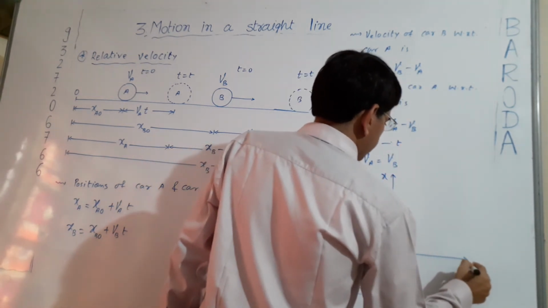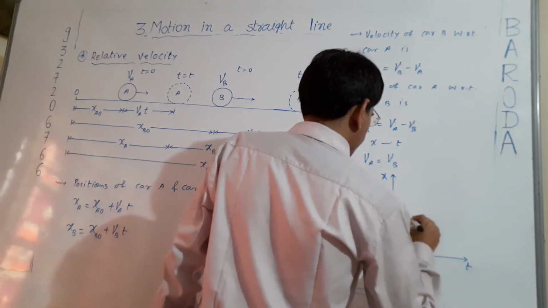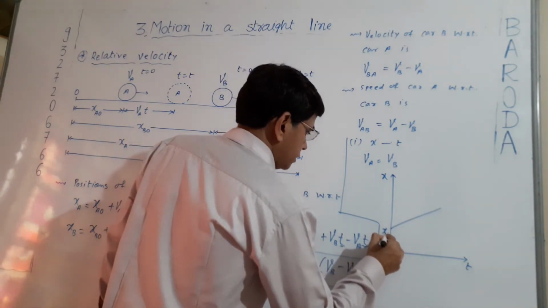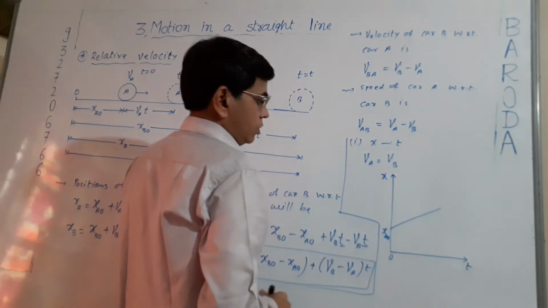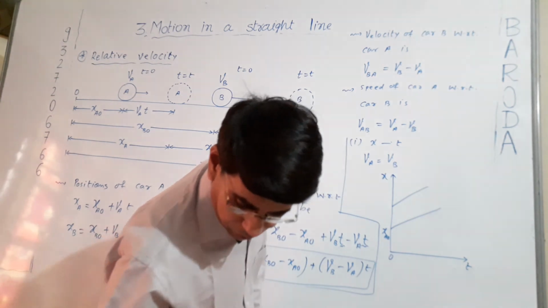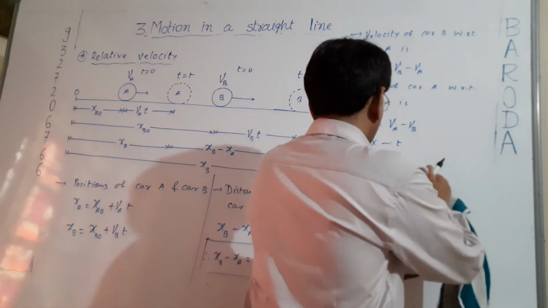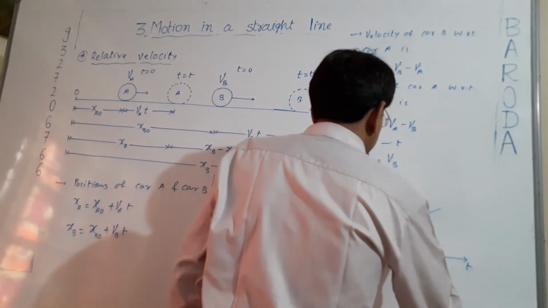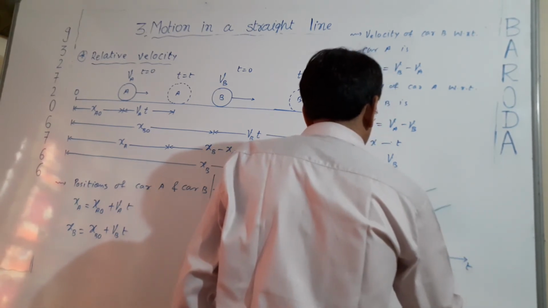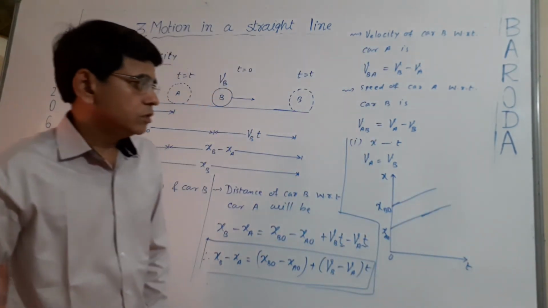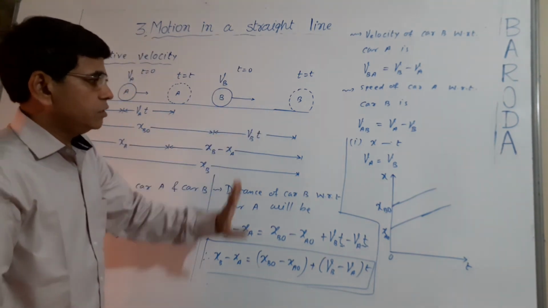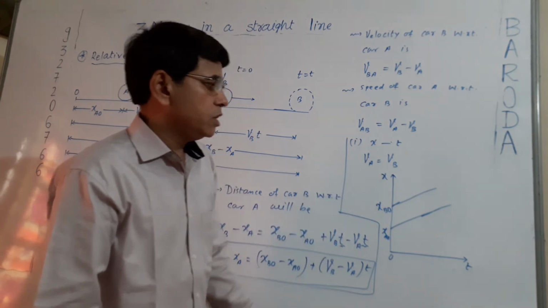X versus time. This is the graph of car A. Its initial position is XAO, and this is the graph of car B. Its initial position is XBO.